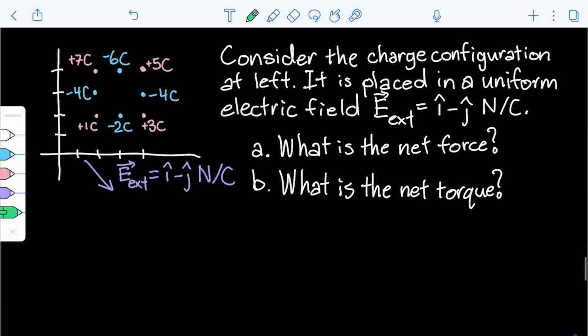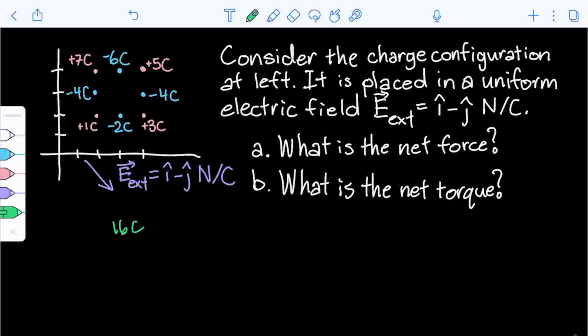And here it is. Consider the charge configuration at left. It is placed in a uniform electric field, E equals I hat minus J hat newtons per coulomb. What is the net force and what is the net torque? So this looks really complicated. But if we look at it for a little bit, we can see that the positive charges add up to 16.